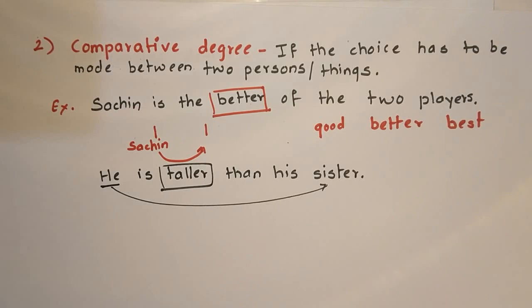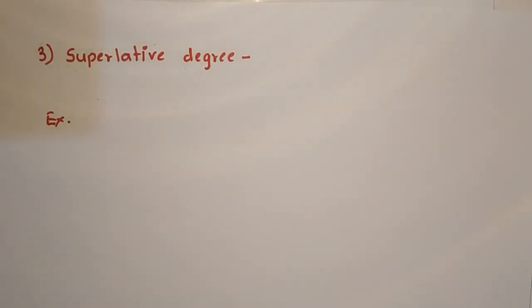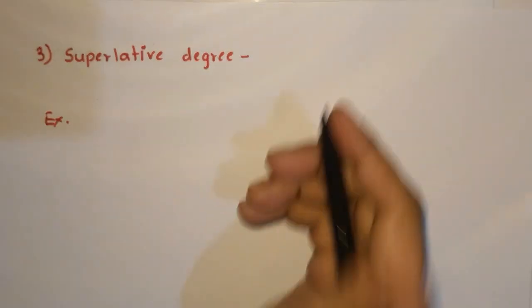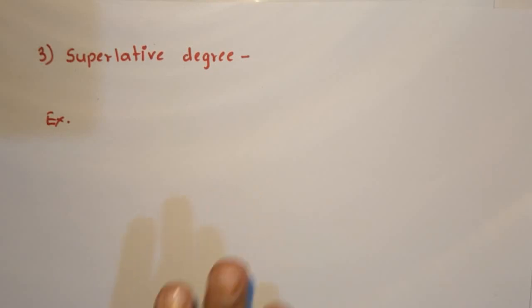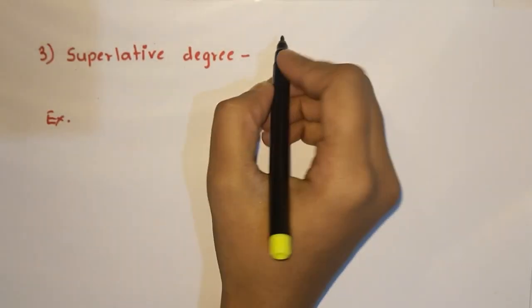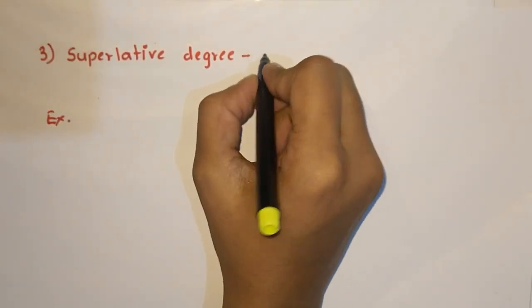Now let's move on to third number, superlative degree. If the choice is to be made between more than two things or two persons, then we use superlative degree. Let me write it down first.